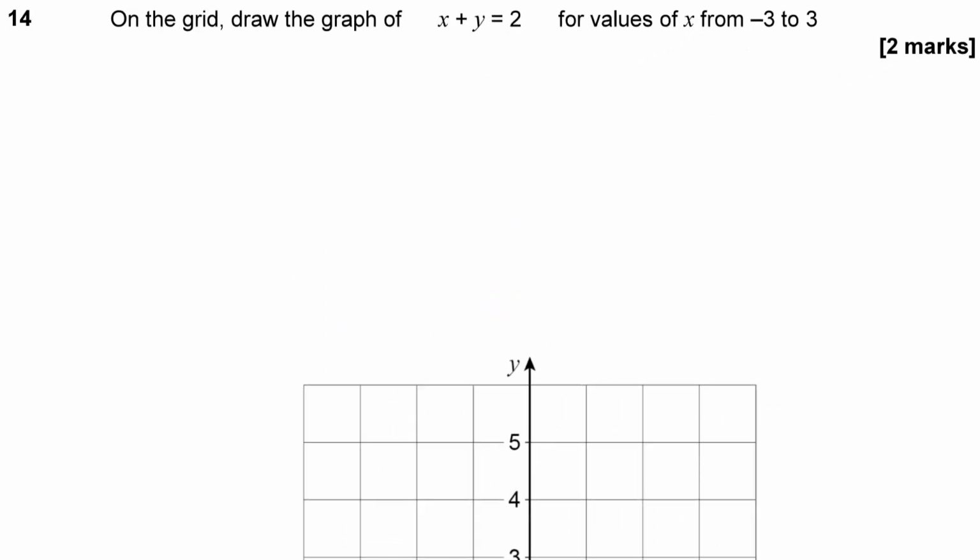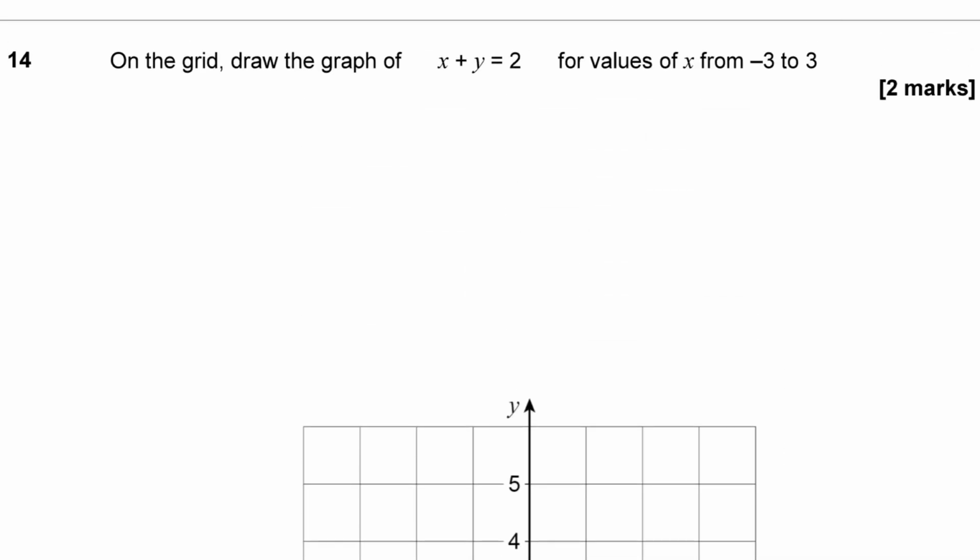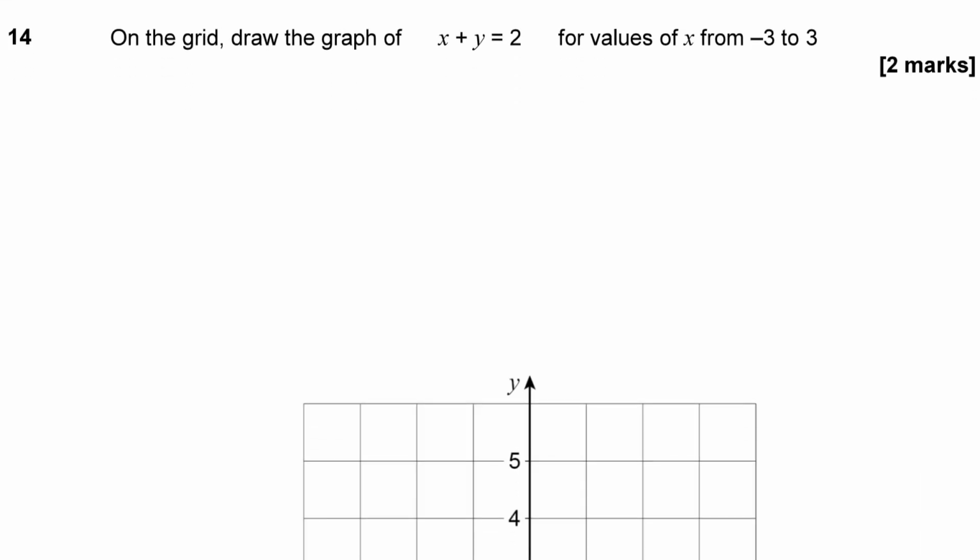On the grid below, draw the graph of x plus y equals 2 for the values of x from -3 to 3. Okay, so we need to work out our coordinates so we can plot this graph. Now the easiest way to do that is to create a table of values.